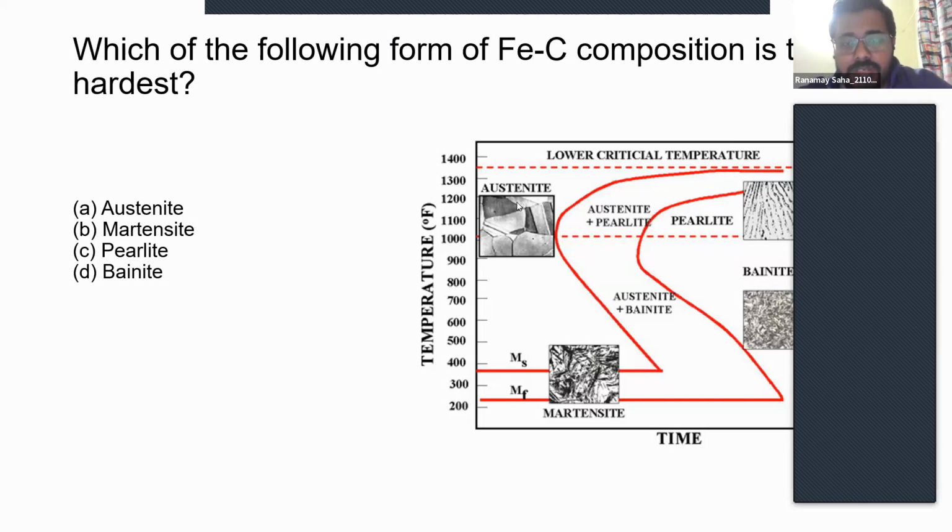If we quench austenite directly at a high cooling rate, the grain structure doesn't get enough time to recrystallize. Recrystallization, do you know?